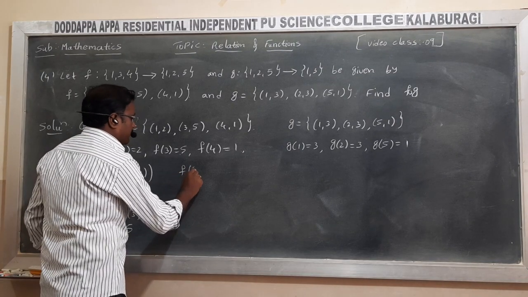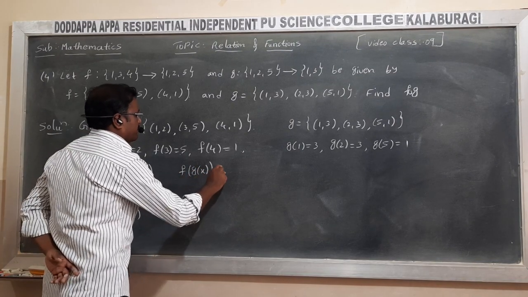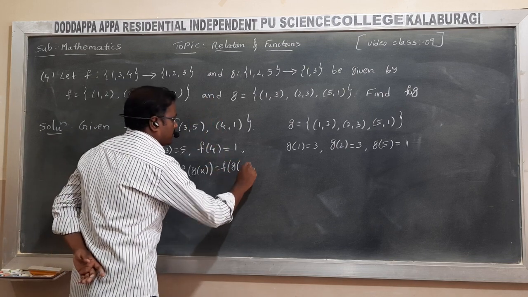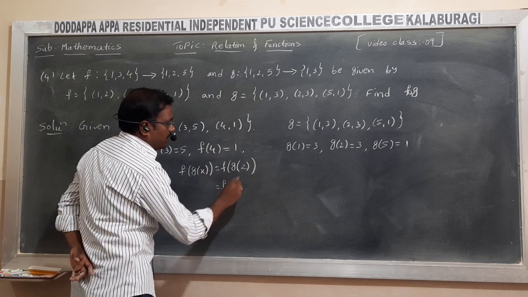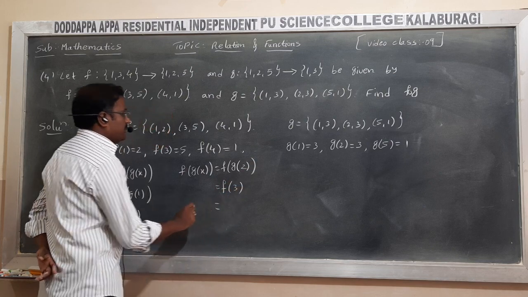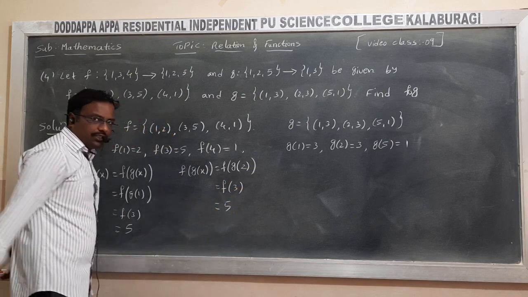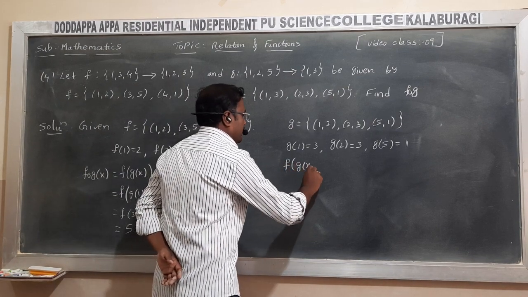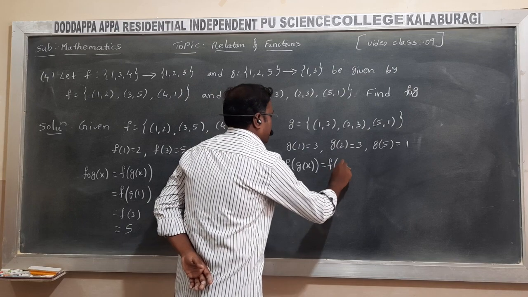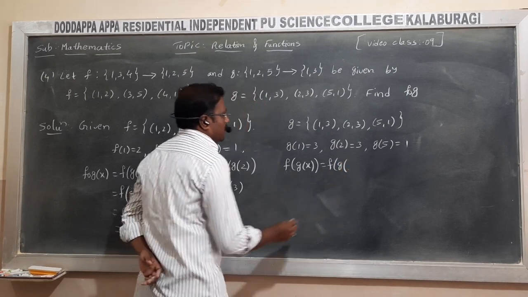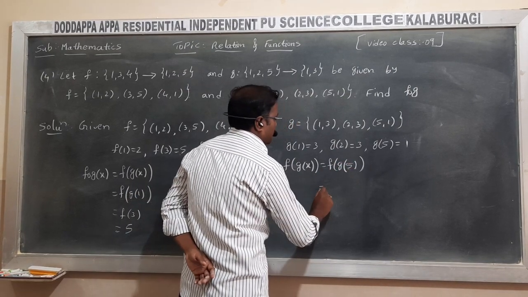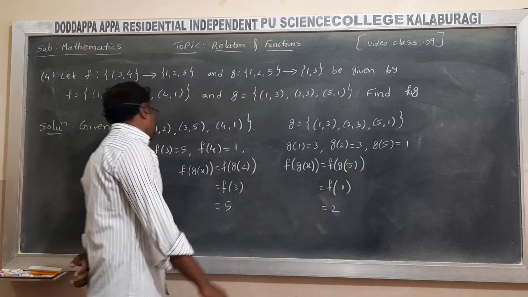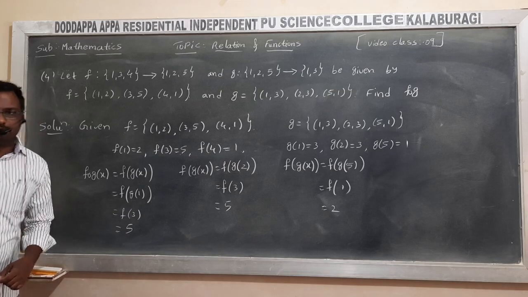Similarly here f of g of x, the second value is 2. So g of 2 value is 3. F of 3 value is 5. Similarly next f of g of x. Here x value is 5. So we know that g of 5 is 1. F of 1 is 2. Okay.